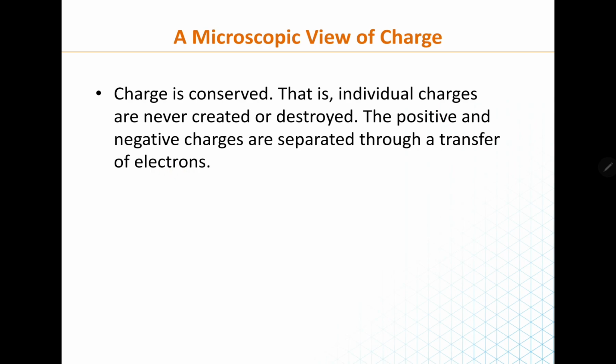This is also important. The charges are never created or destroyed; they are just separated through a transfer of electrons. That means we cannot create electrons and we cannot destroy electrons, they are just separated from the atoms.